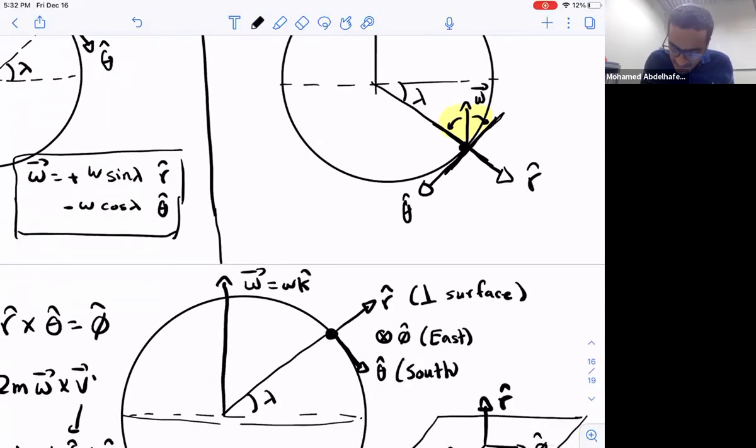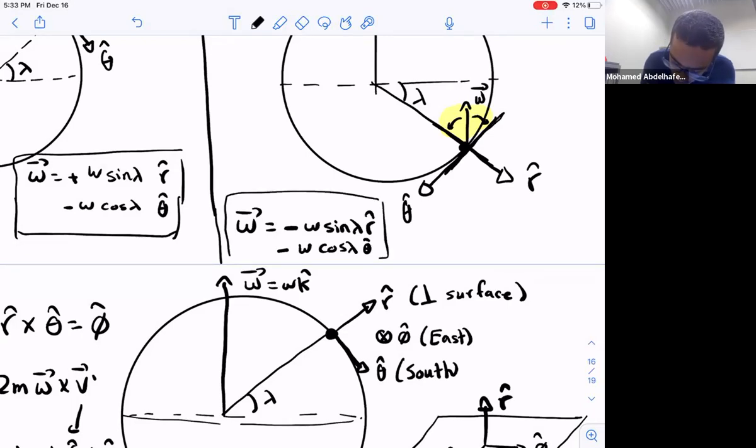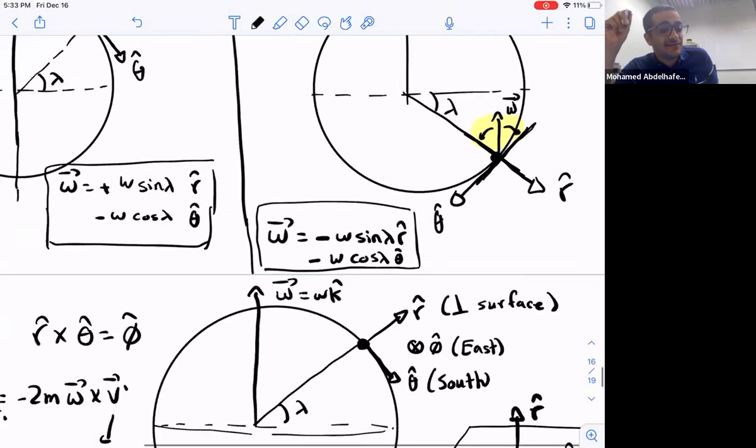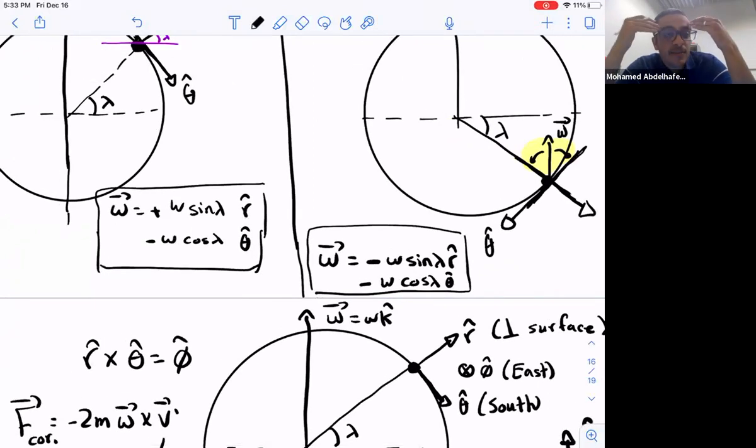So follow the same kind of idea and we'll find this negative omega sine lambda r hat, negative omega cosine lambda theta hat. It's the same thing, except the r hat component changes sign. And this is very important because you're doing the cross between v and omega, so this minus sign will make a difference. That's why Coriolis acts one way in the northern hemisphere and the other way in the southern hemisphere.